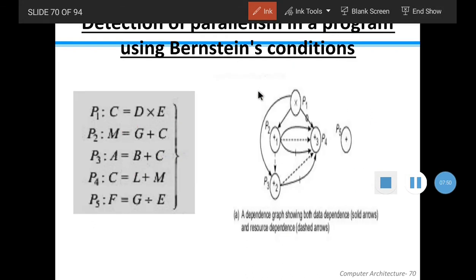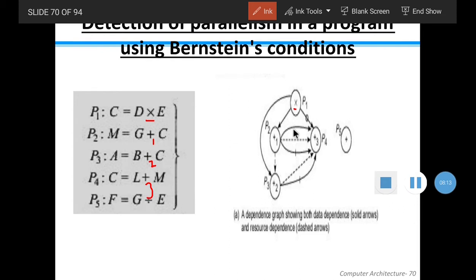If you observe, in P1 we are using the multiplication sign, so that's why they have written the multiplication sign here. And they have taken this as plus 1, this as plus 2, and this as plus 3.